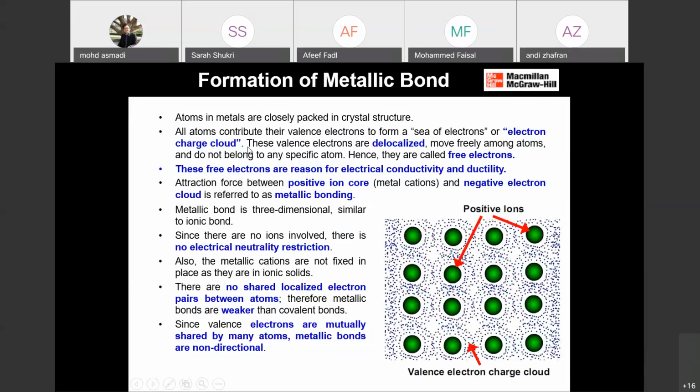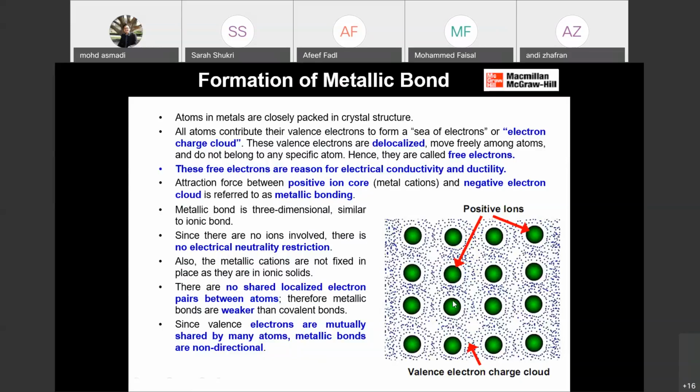The atoms contribute their valence electrons to form a sea of electrons, or electron charge cloud, and it can delocalize freely among atoms. If you look at here, the attraction force between the positive ion core, the green one, and the negative electron cloud is referred to as the metallic bonding.